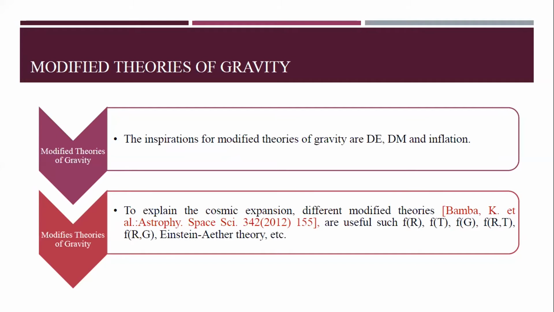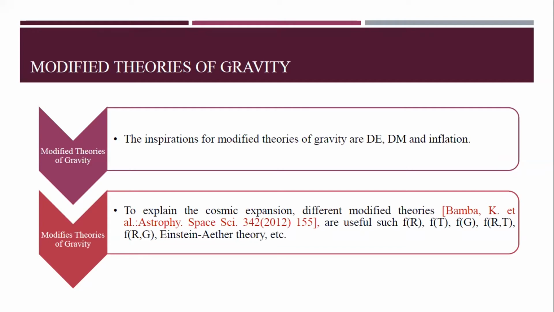If we modify the geometric part of the Einstein field equations, like the Ricci scalar, with different functions, then we can replace Einstein theory of gravity with f(R), f(T), f(G), f(R,T), f(R,G), Einstein ether theory, etc. There are different other theories which we cannot incorporate in this talk. Majorly, I will discuss here Einstein ether theory and its combination with different dark energy models.